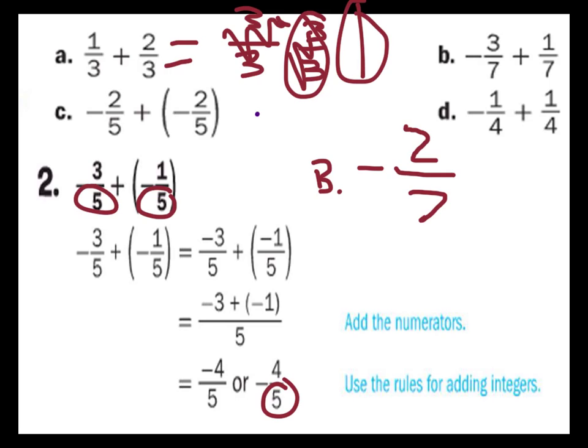Okay. So you add 2/5 plus negative 2/5, which is equal to.